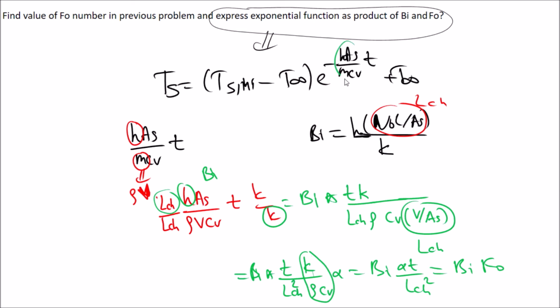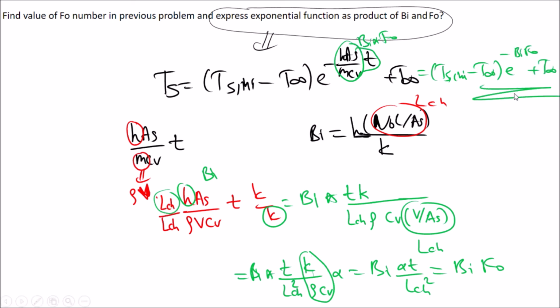So I can write this as Biot times Fourier number, time was included. So it will be T_s initial minus T infinity times e to the power of negative Biot Fourier number, plus T infinity. That's what we are doing for the lumped capacitance method.